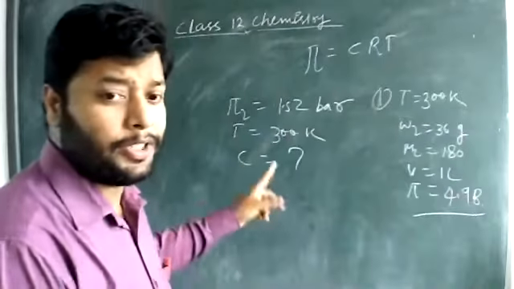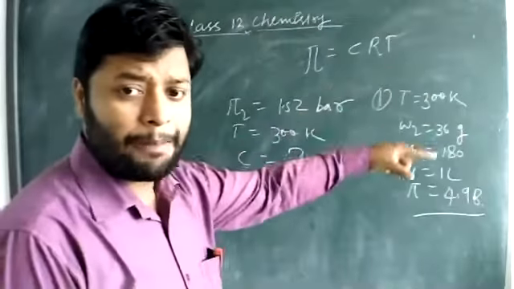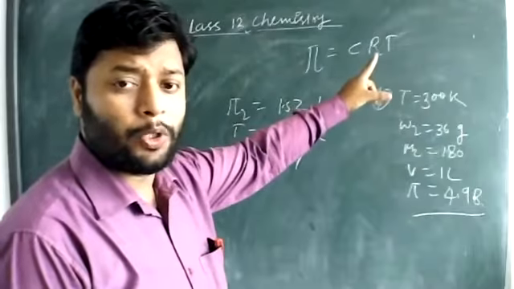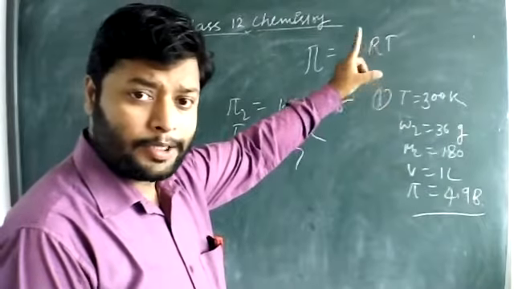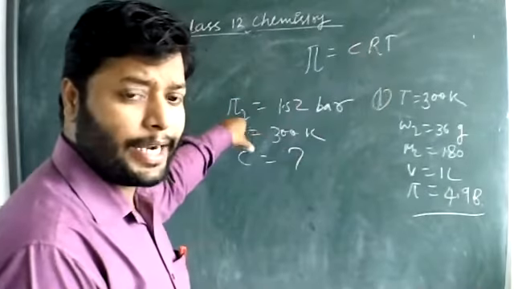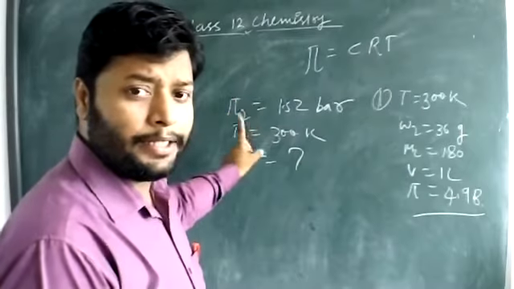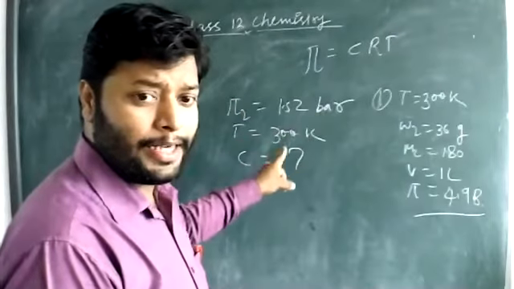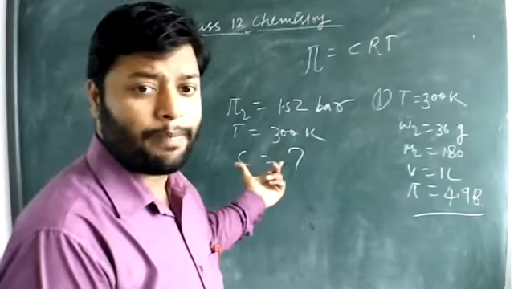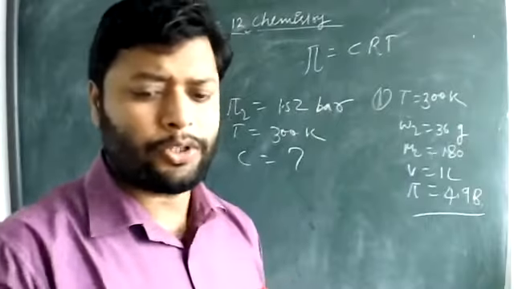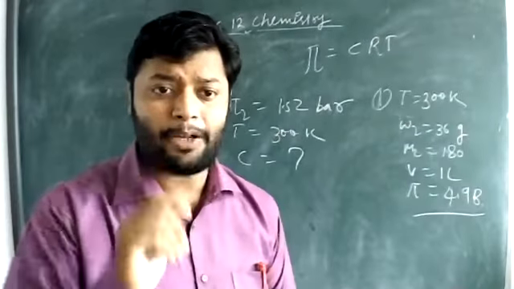You have to calculate C. The same value of R you will use in the second condition. Pi given, T given, R calculated, you have to find the value of C. That is the simple question.